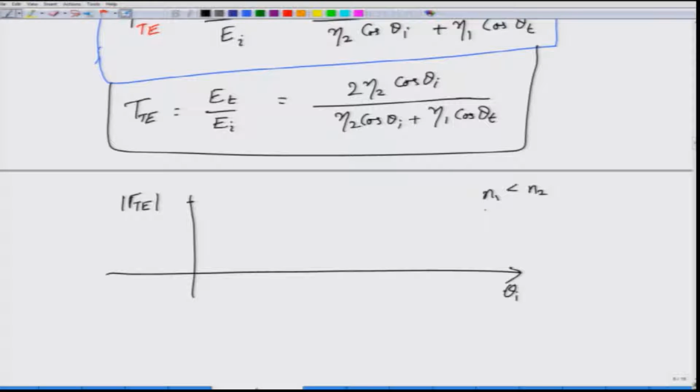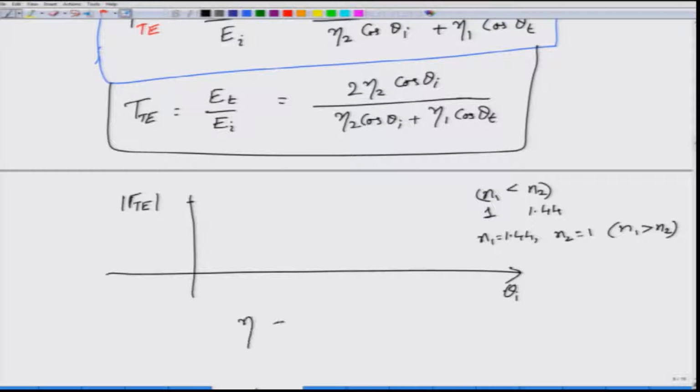This for example could be 1 and N2 could be 1.44, which is silica for us. Then we will interchange the media, so N1 equals 1.44 and N2 equals 1 for the second case. In this case obviously N1 is greater than N2.